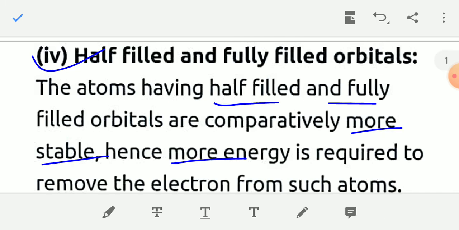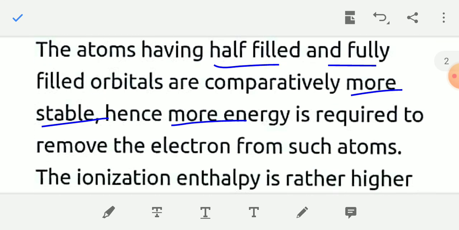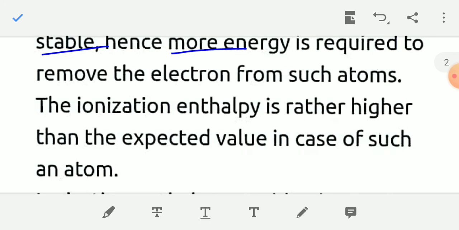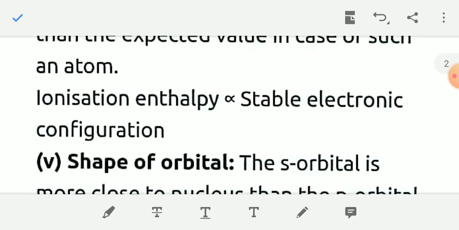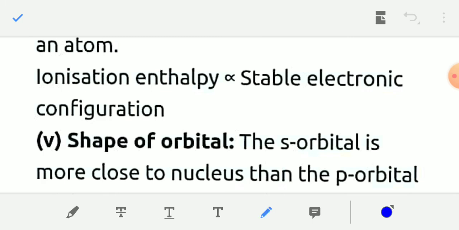Thus ionization energy is high, rather higher than the expected value. So ionization enthalpy is proportional to stable electronic configuration, that is half filled or full filled electronic configuration.